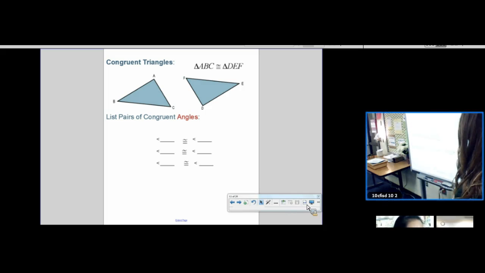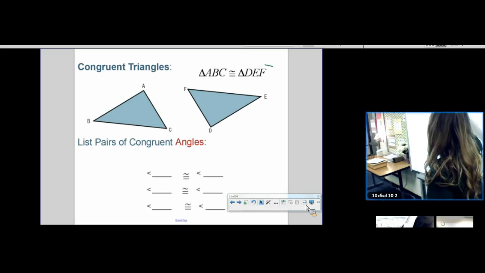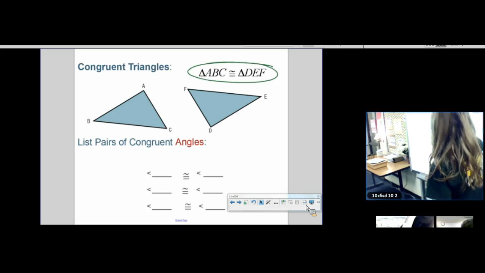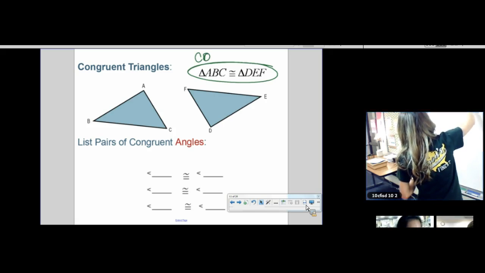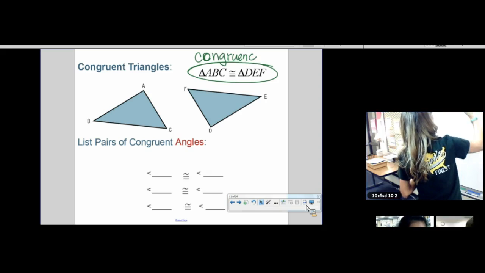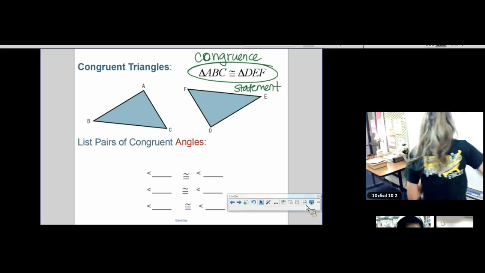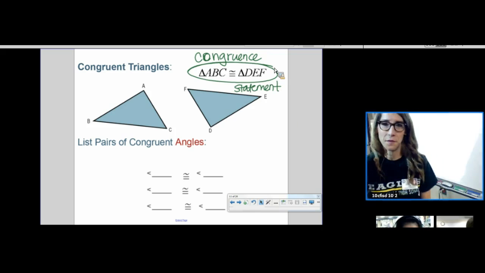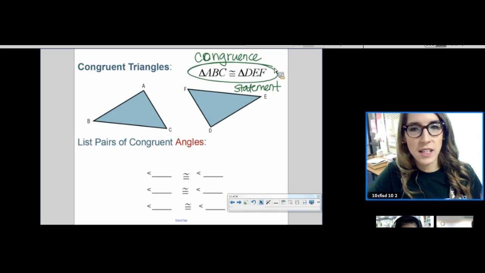All right, please do not put this in your notes. You can just watch. This part I do want you to put in your notes right here. I want you to write this in your notes and then write down what that is called. That is called a congruence statement. The great, wonderful, fabulous thing about a congruence statement is that it's not allowed to lie.